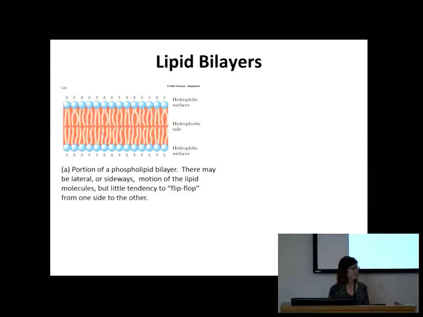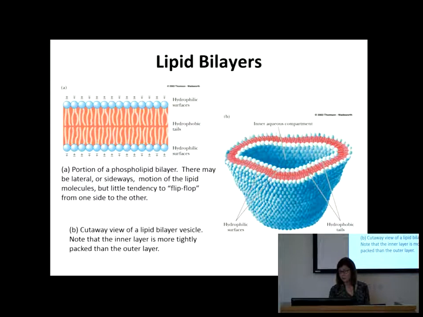They don't stay static. So they'll be moving, so the two layers kind of go like this. They move past each other. However, say this was on the outside of your cell, and this on the inside, they're not going to flip-flop.